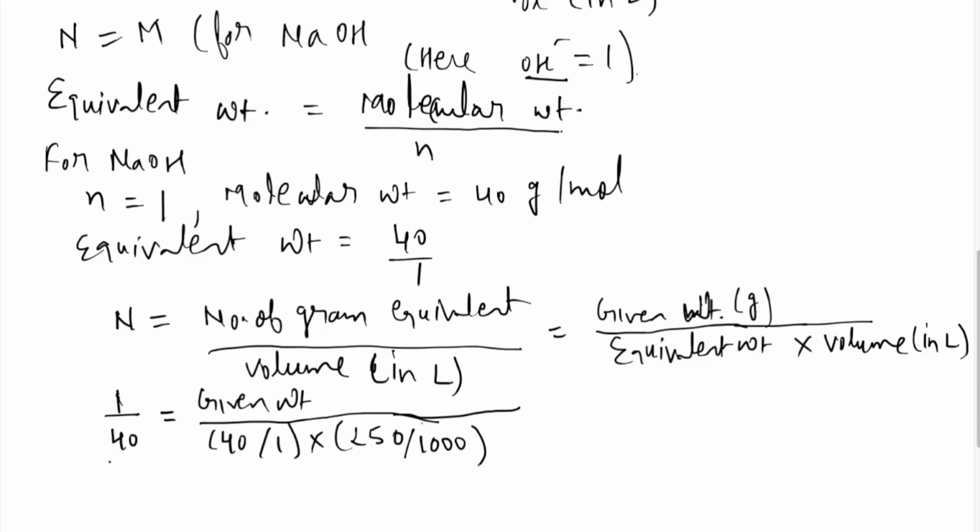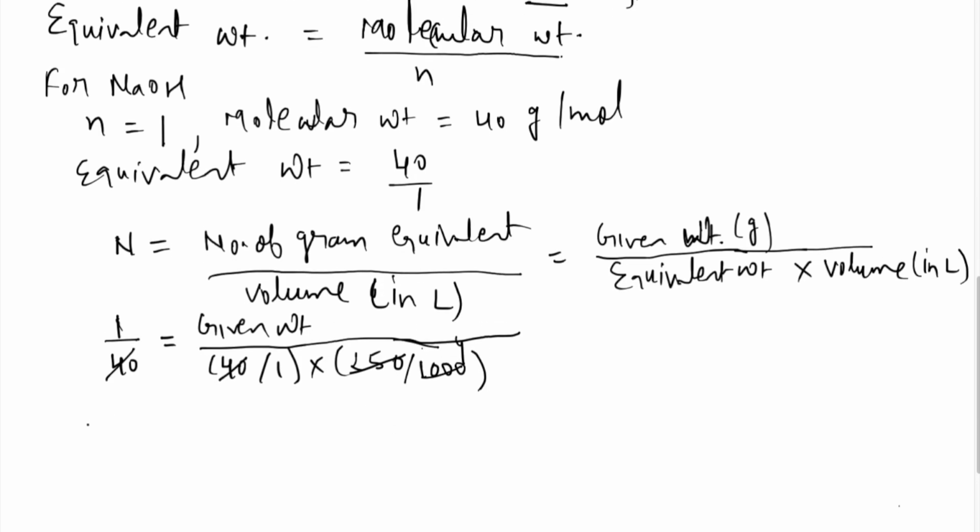Okay, so we are going to do the calculations. So this will be 4. So given weight will be 1 by 4, which is 0.25 gram NaOH.